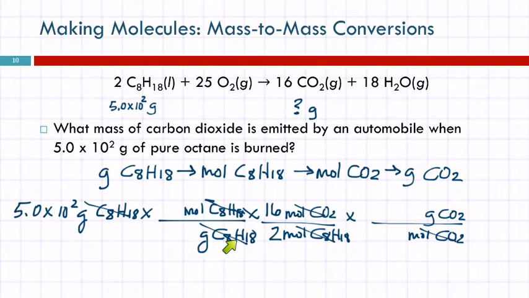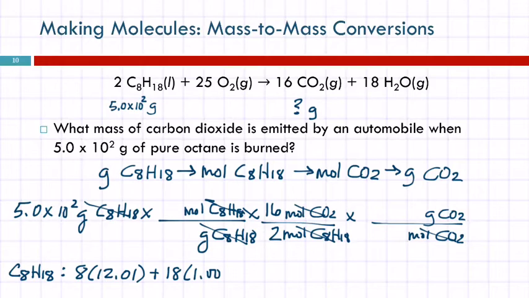How do we find grams of octane to moles of octane? Molar mass. And we're just going to have to calculate that. We've got a periodic table, we've got a calculator, and we've got the formula. So for C8H18, there are 8 carbons, 12.01, and there's 18 hydrogens, 1.008. 8 times 12.01 plus 18 times 1.008, 114.224 is what my calculator gives me.